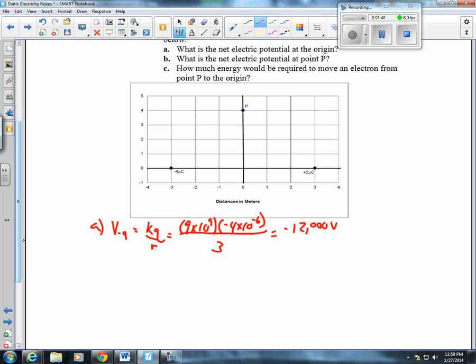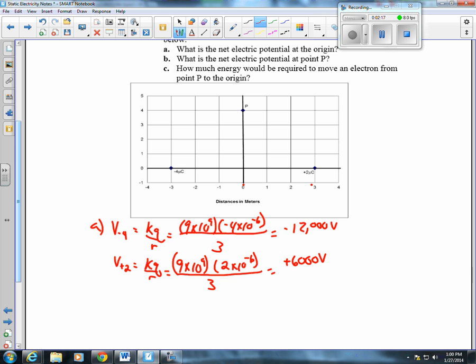Then we're going to get an electric potential from the other charge, the positive charge. So V from the +2 charge at the origin is going to be KQ over R, 9 times 10 to the 9th, this time for our +2 charge, so 2 times 10 to the -6 divided by the distance for that one, which is also 3. That gives us a value of positive 6,000 volts.